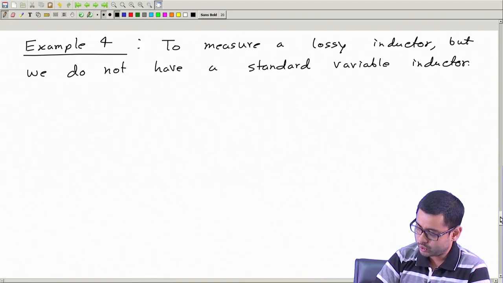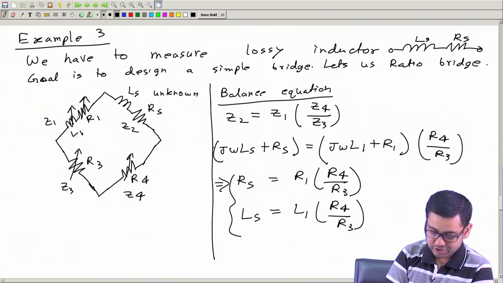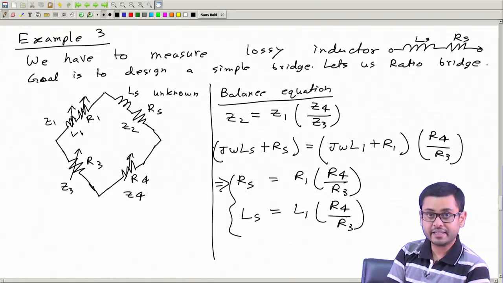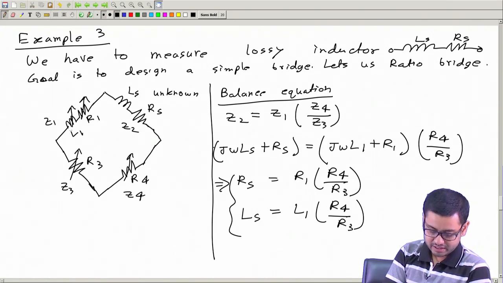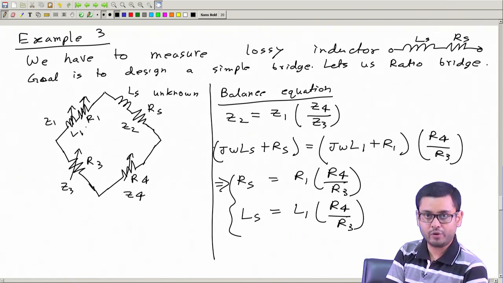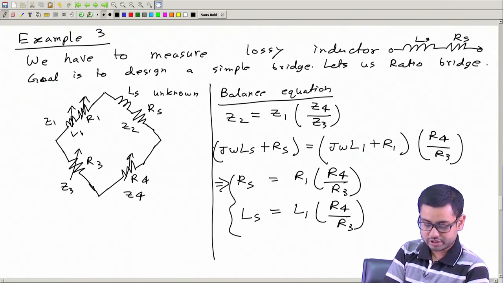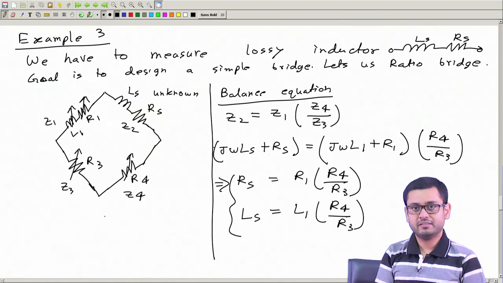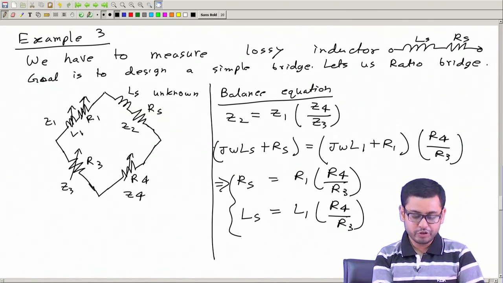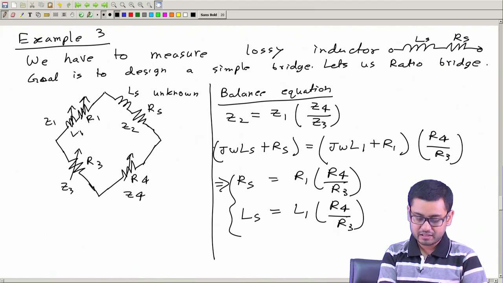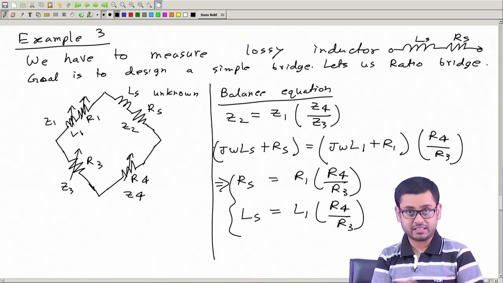Okay. So in the previous problem we used a variable standard, meaning known, inductor. So L1, R1 was known and variable, and that was used. Now we put a constraint that we do not have a variable standard inductor. That's the constraint. We do not have it in the lab.